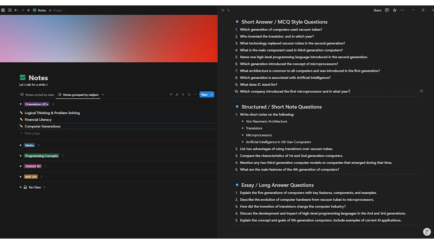Third generation used integrated circuits, which combined multiple transistors on a single chip. More compact and powerful, and they supported multiprogramming and time sharing.